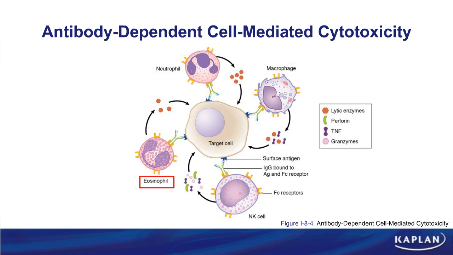Now, what's interesting about the eosinophils is, of course, that when we think about eosinophils, we should be thinking about what type of reaction? Yes, thinking about that type 1 hypersensitivity reaction. And ADCC can actually be mediated through IgE in one special case when we're actually looking at a helminth infection.